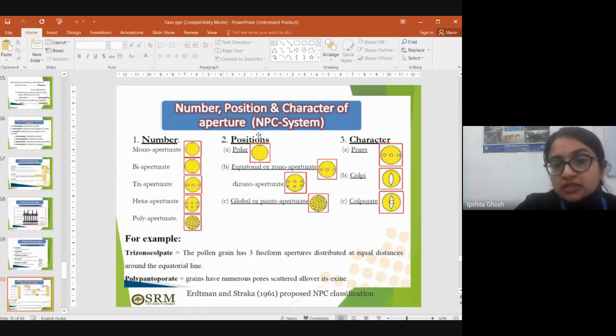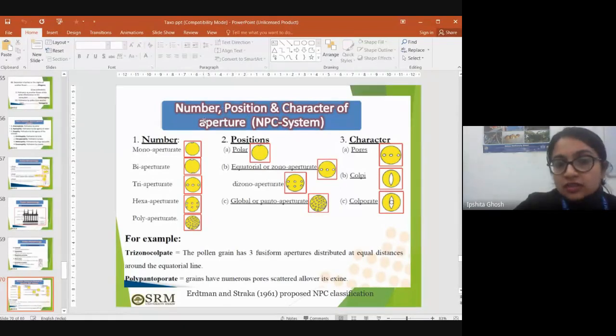So number means, basically this NPC system of classification depends on the type of aperture. So what is an aperture? Aperture is actually a hole, like an opening. It's a pattern or design which is found on the sporoderm of pollen, the outermost layer, and based on that you can classify the pollens.